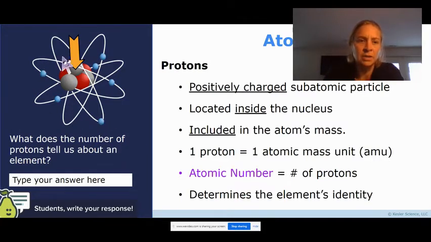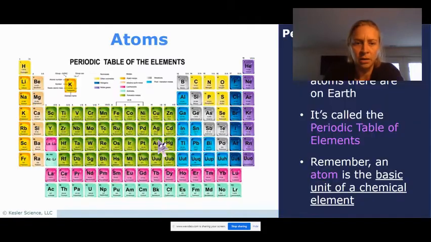So this diagram has 3 protons. If we go to a periodic table, we can figure out which element that is. We have all of the protons going from left to right, numbered in order. So we have 1 proton for hydrogen, 2 for helium, 3 for lithium.